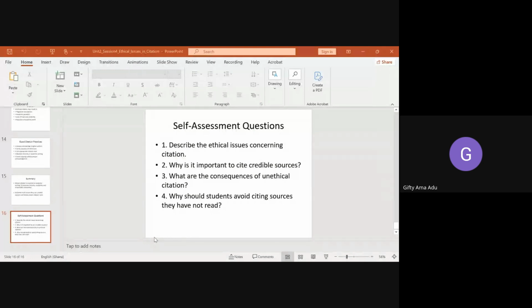Madam, please, the APA that you talked about, which edition is accepted? I saw the 6th edition and the 7th edition. We are now using the 7th edition. So as the edition is being upgraded, you stick to it.